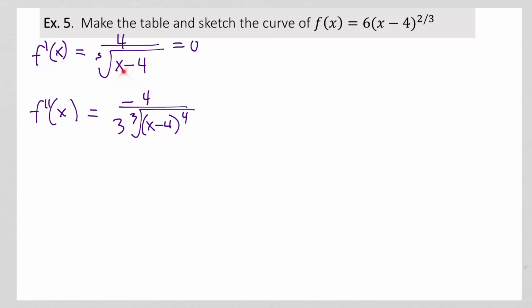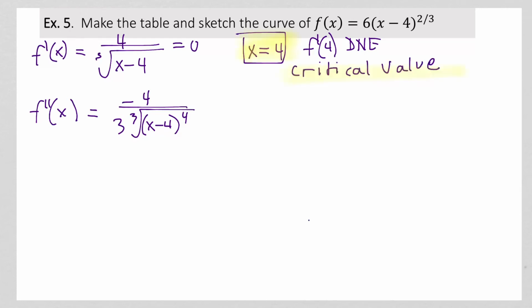However, if x is equal to 4, then f prime of 4 does not exist. So this also is a critical value, right? So I have one critical value, x is equal to 4, because my first derivative does not exist at x is equal to 4.